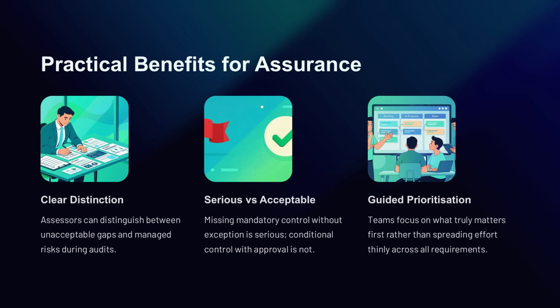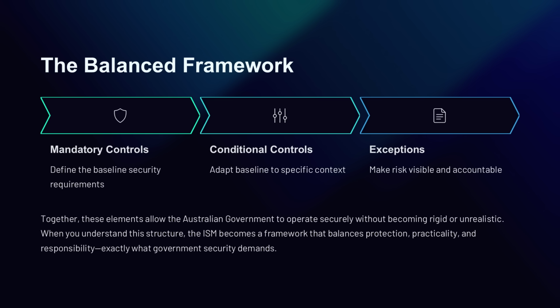This distinction protects organizations and individuals. It ensures that people are not unfairly penalized for operating complex systems while still maintaining a high security standard. It also reinforces the idea that security decisions belong at the right level, not buried in technical teams.